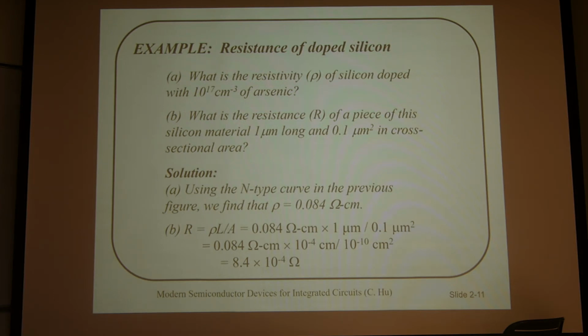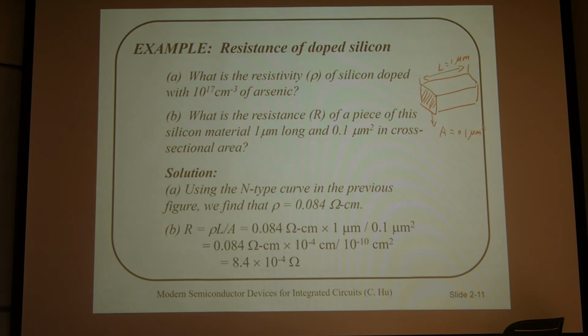And if we have this kind of resistivity, then it asks if we build a piece of silicon 1 micrometer long and 0.1 micrometer square in the cross-sectional area, what is the resistance? So essentially it asks if we have a piece of silicon like this, and the L is 1 micrometer, and then the cross-sectional area is 0.1 micrometer square.